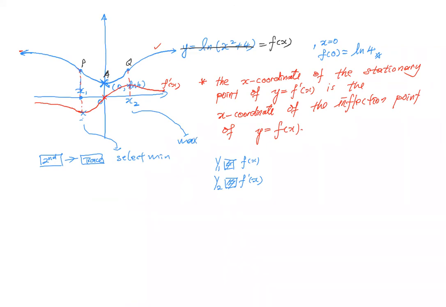For minimum, it's -2. Yeah, -2. So x1 is -2. x2, I think is 2. It's symmetrical. Yeah, it's 2.